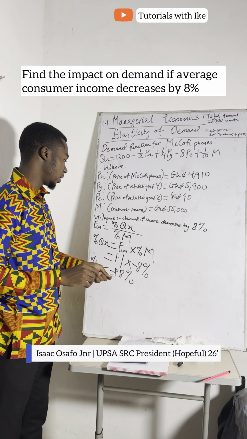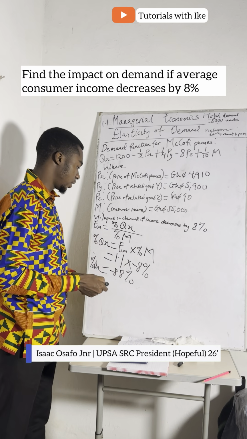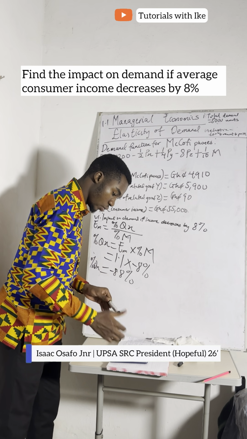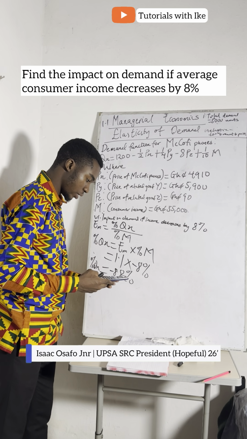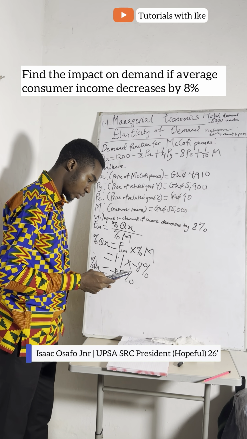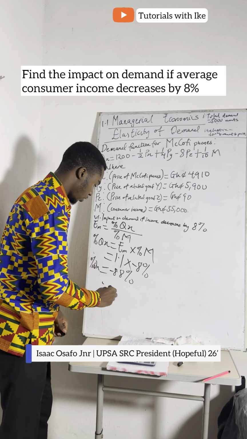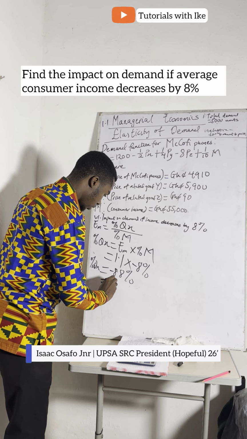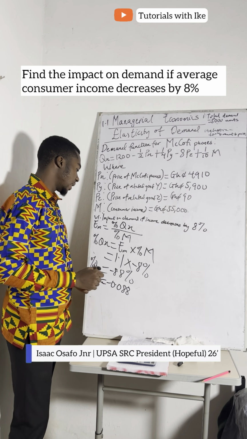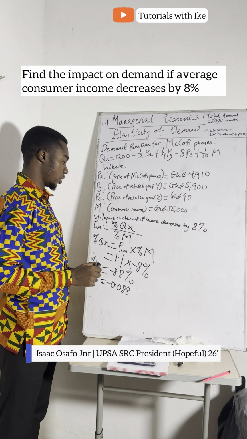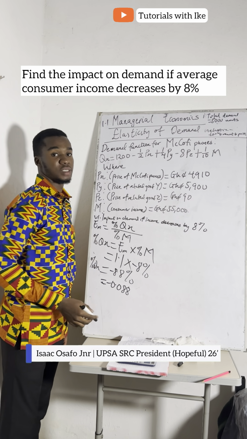So negative 8.8%, when you change it to decimals, it's just going to be over 100. So negative 8.8 over 100, when we do it on the calculator, should give us negative 0.088. So it means that the quantity demanded decreases by 0.088 when the income decreases by 8%.